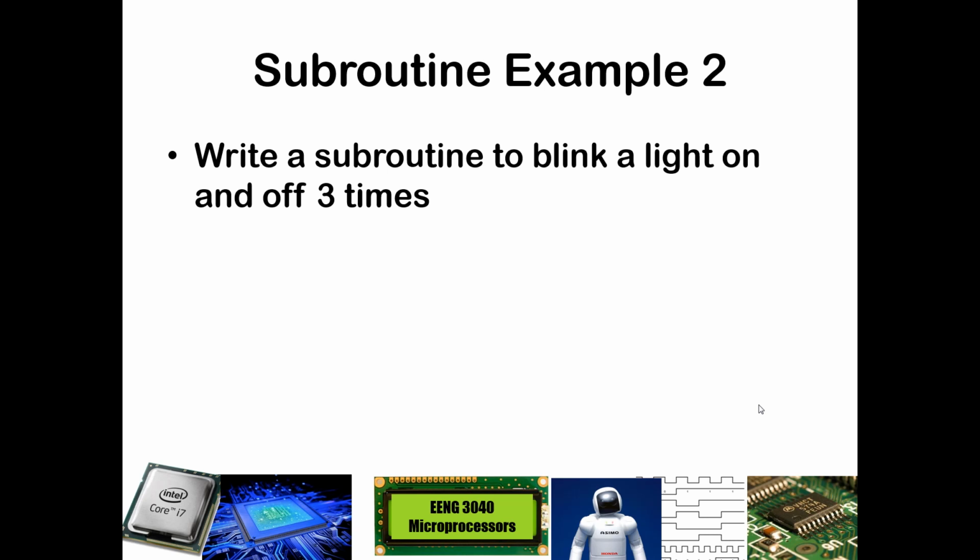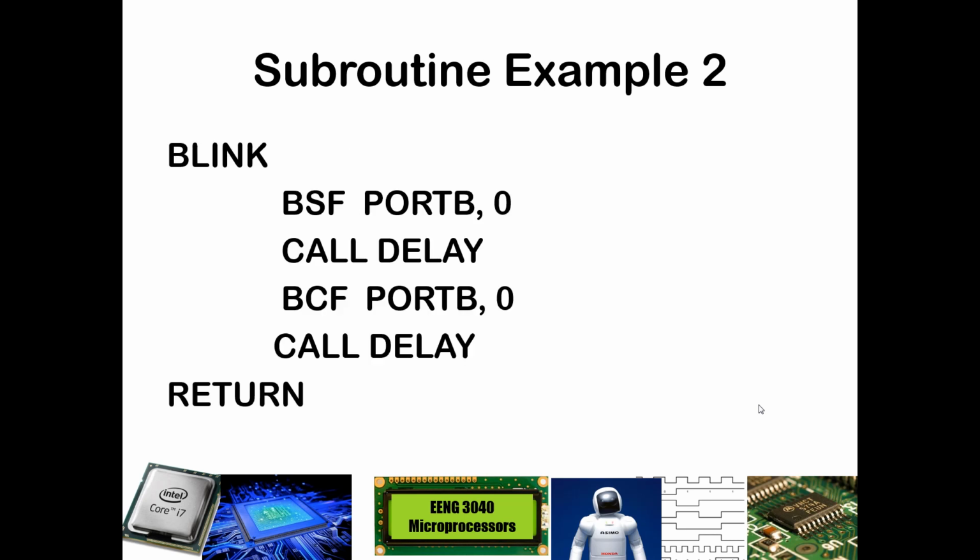So here's another subroutine example. Write a subroutine to blink a light on and off 3 times. In this example, we're actually going to have a few subroutines to make it more efficient. We could introduce a subroutine called blink, and that blink subroutine could set port B bit 0, and then we could call another delay function.